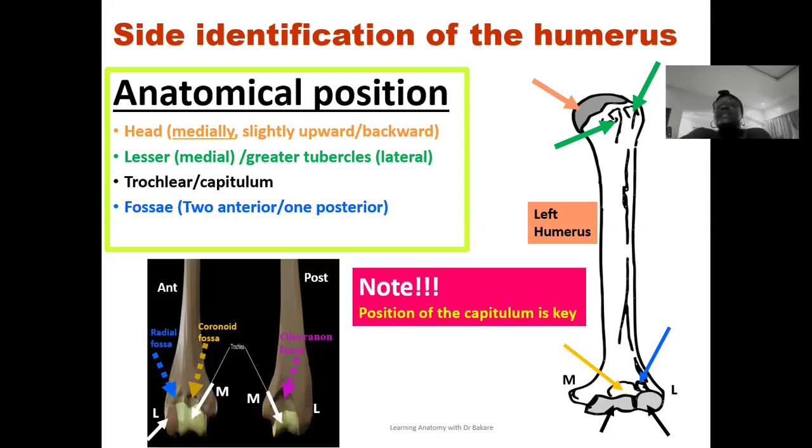And because it is located on the left side, this will further confirm that this humerus is of the left side. But if the capitulum is positioned on the right side, it means that the humerus is of the right side. So we can also use the position of the capitulum to further confirm the staging of the humerus, whether it is of the right or of the left side.